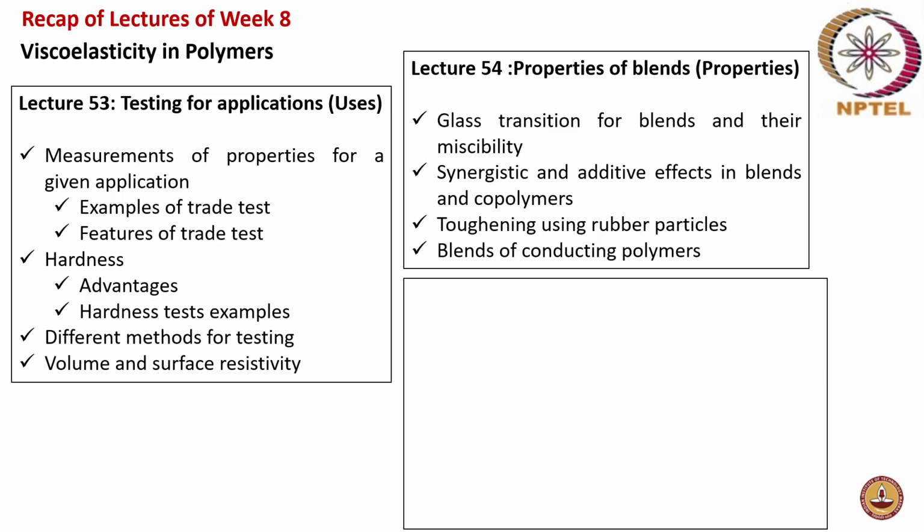These were all discussed. For example, when there is a glass transition temperature, there is a step change in the behavior, or you can see a significant change in the modulus for pure polymers in their glass transition.